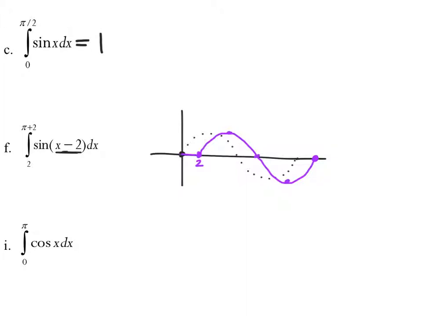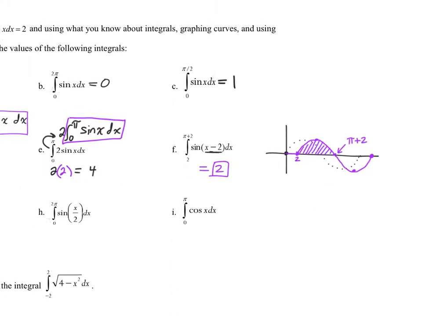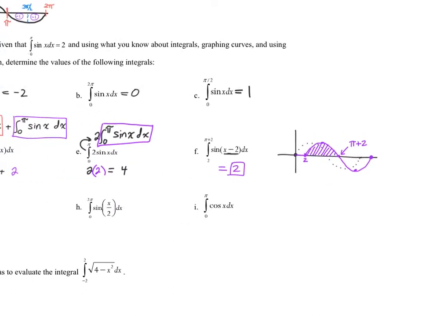That's 2 pi plus 2. This one would be pi plus 2. So I need this area, which would be what? 2. Once you realize it's the same figure as what we started with, then you can work off of that.